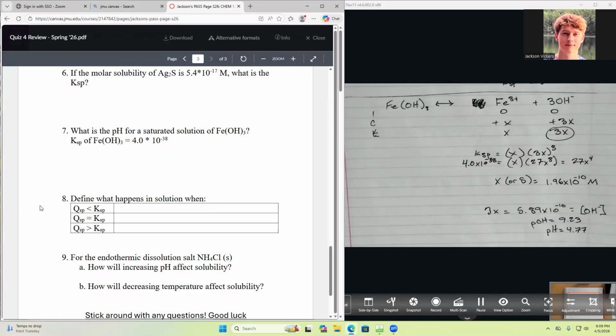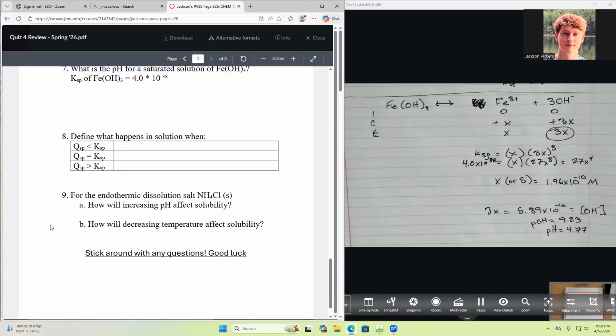Maybe you heat up the solution and you can dissolve a few more particles in there. But it's possible he could give you real values for QSP and you have to solve KSP, and then he asks, will it keep dissolving? Are we saturated? Are we supersaturated? So make sure you know the relationship here. Saturated, yep.